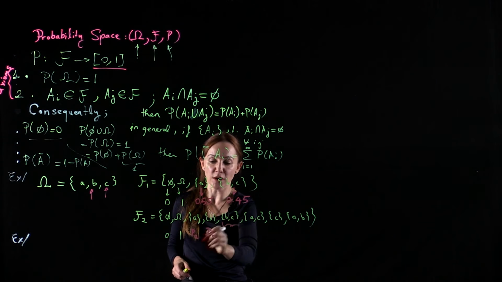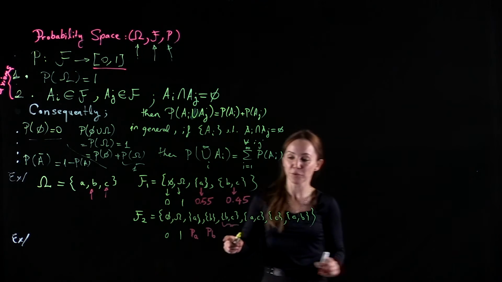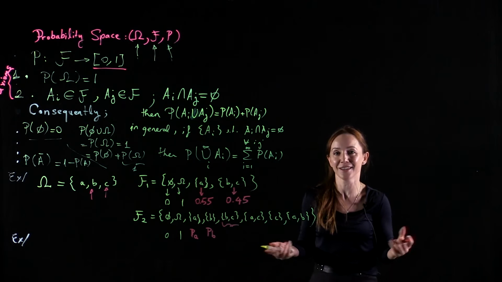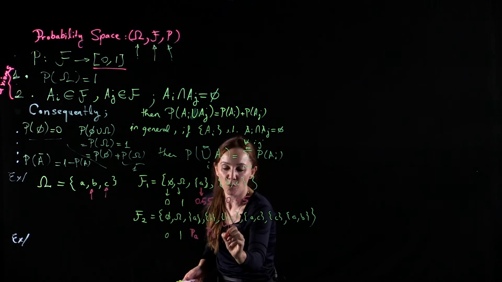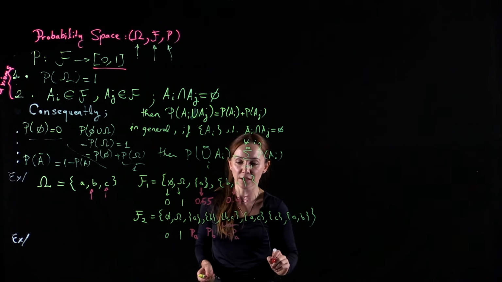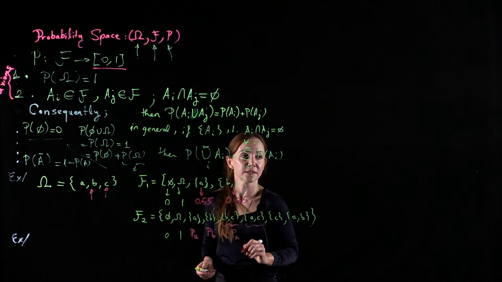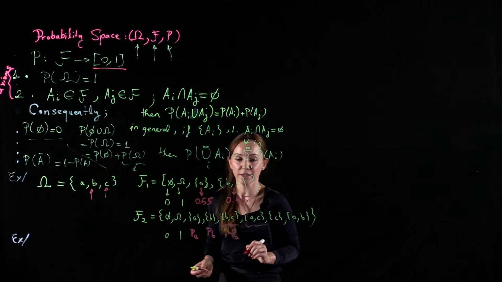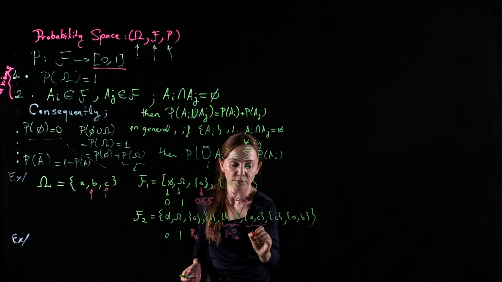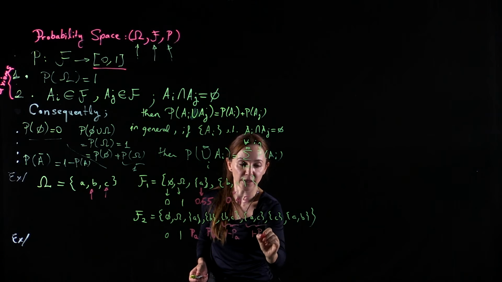what? Well, once we define P_A, the probability of this set BC is automatically determined as 1 minus P_A, clearly. And then this is determined as 1 minus P_B.